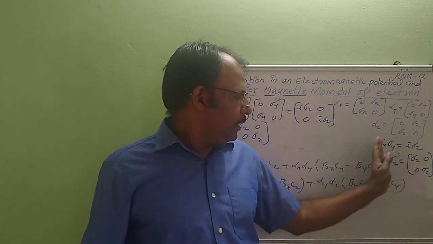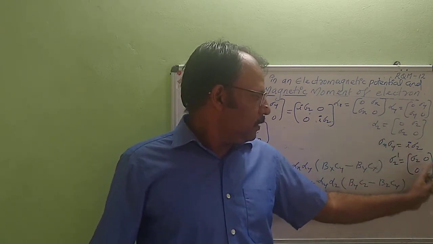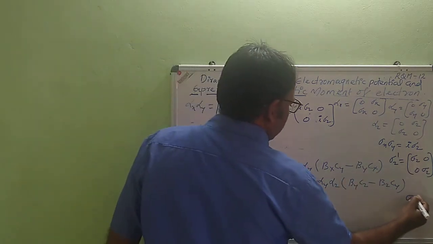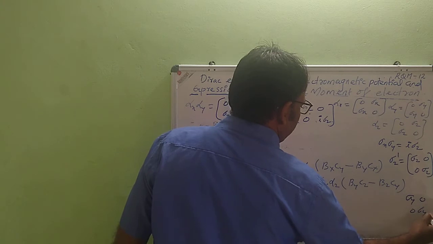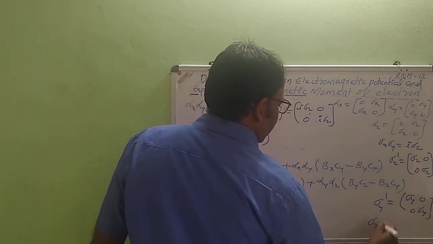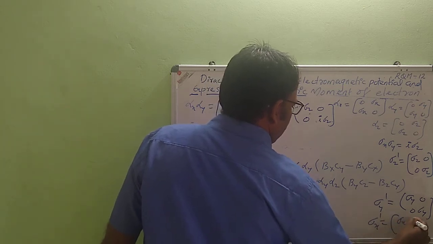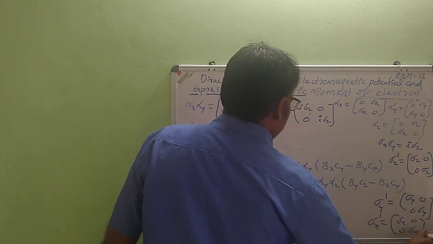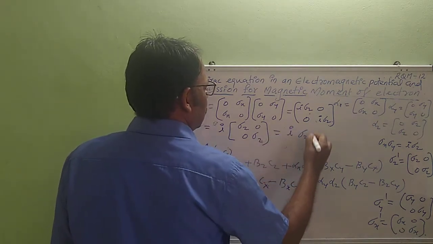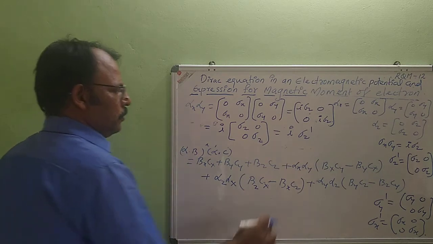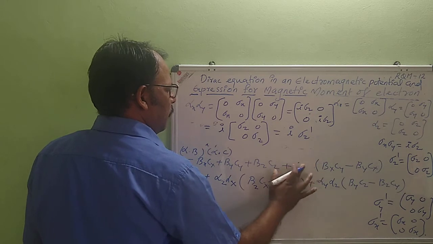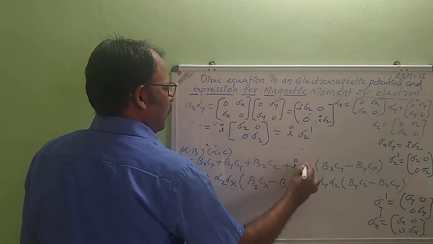We take sigma y prime as sigma y 0, 0 sigma y, and sigma x prime equal to sigma x 0, 0 sigma x. So here I can write alpha x alpha y as i sigma z prime.